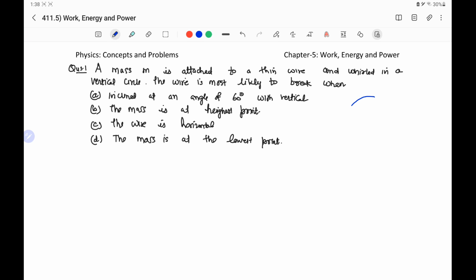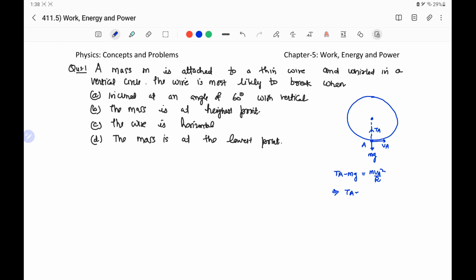For a body attached to a string circulating in a vertical plane, the tension in the string at the lowest point will be maximum. So the tension at the point A in the string will be TA, while the weight of the body is mg downward, and the body is circulating with velocity vA in the horizontal direction at point A. So we can write that TA minus mg, this is the net force which acts as centripetal force, will be equal to m vA square by r. r is the radius of the circle.